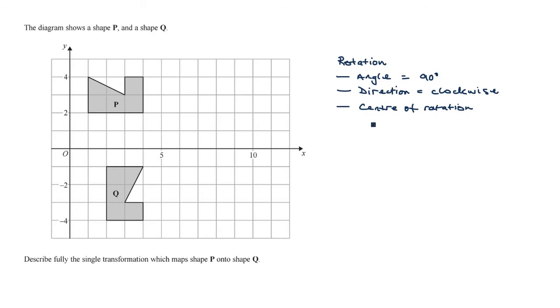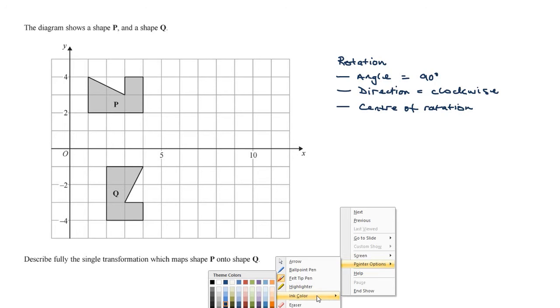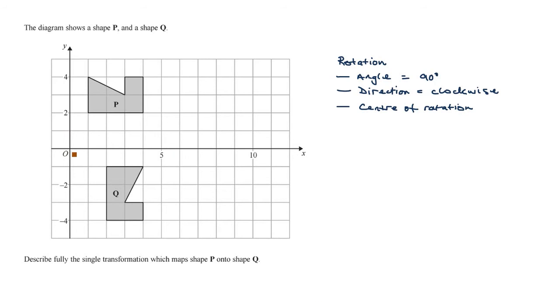So that's a good start. But the centre of rotation, well, that's not clear. So let's just check, first of all, whether or not it's the origin. To do that, I need to use a graphic method. So I'm going to draw from the origin a line across until I'm under a particular point.